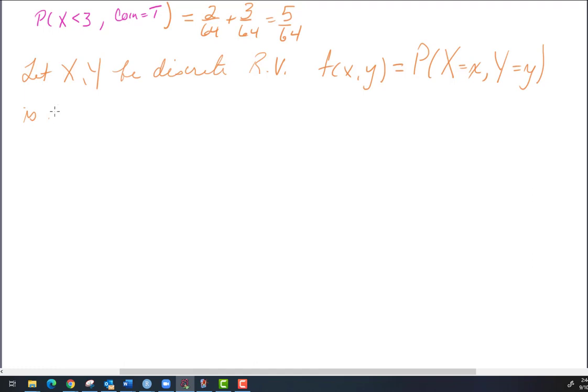is called a joint probability distribution of X, Y. Now, your author doesn't do this, but many authors would talk about this, since it's discrete, as being a probability mass function.